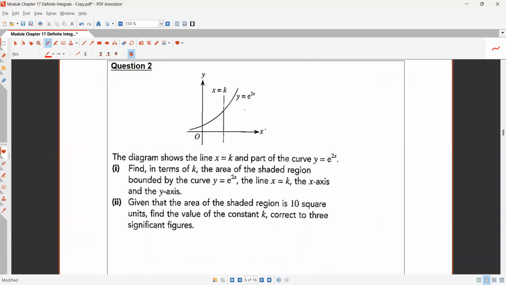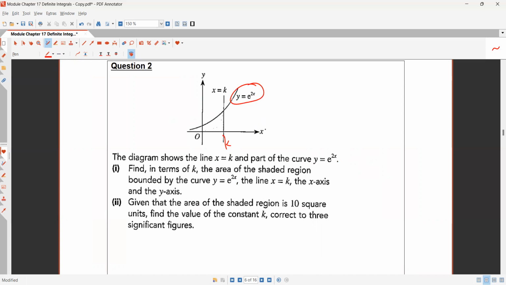How about question 2? The diagram shows the line x equal to k. x equal to k means this part is k. So here is k. And then part of the curve y equal to e to the power of 2x. So this is the function given to you.